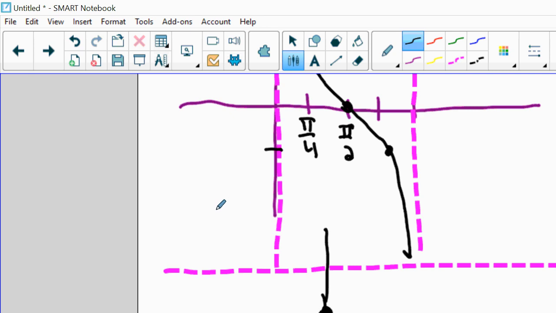0, pi over 2. So pi over 4, okay, here we go. 1, pi over 4. Well, that's tricky because this is pi over 2. This is pi. And negative 1, okay, here we go.